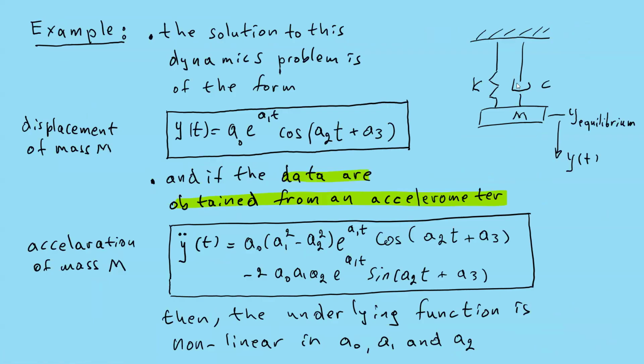We have a mass spring damper, okay, and the displacement of the mass m is found by these equations. A0, A1, A2, and A3, okay, we can say are coefficients of these functions, and as you can see, they are nonlinearly dependent on each other. We can find the acceleration of the mass m by taking the second derivative of the displacement of the mass, and this is the acceleration of the mass m.